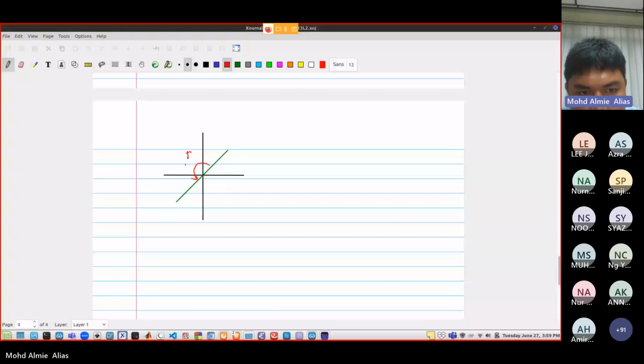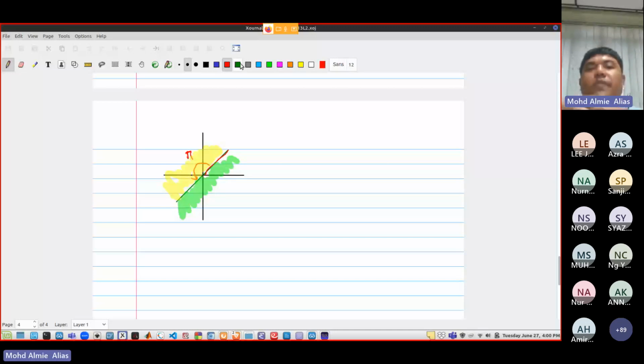So you just need pi to complete the revolution, because the region here will be covered by this line, and the region here will be covered by this line.